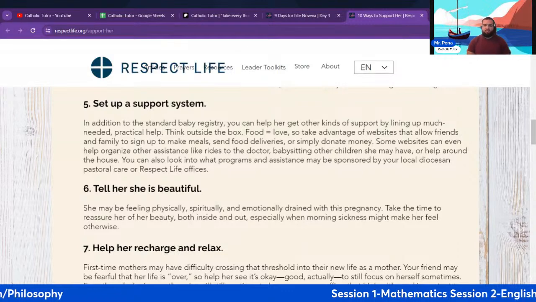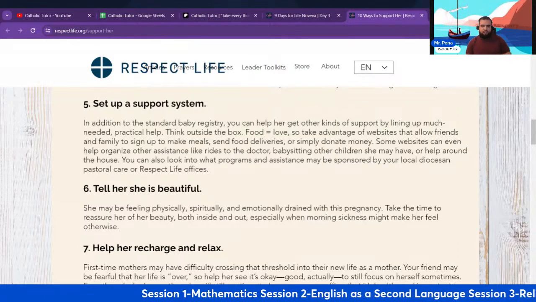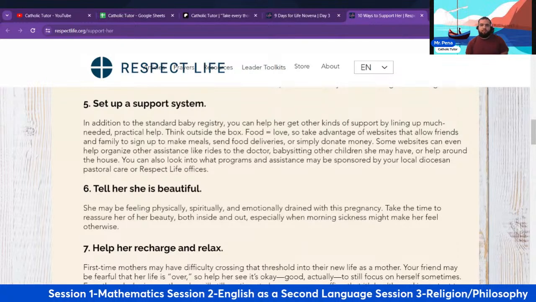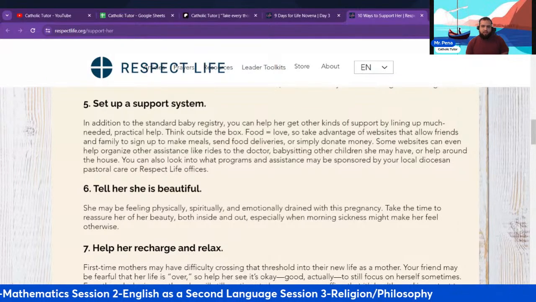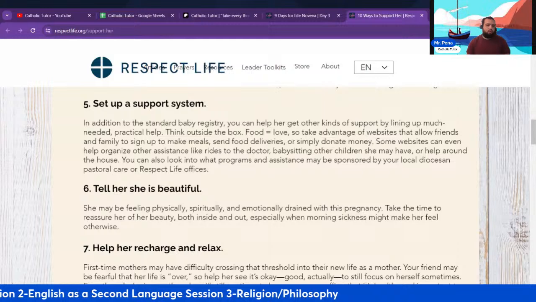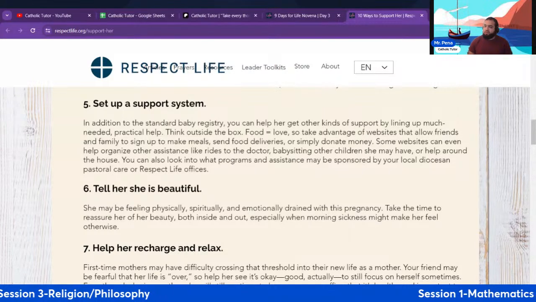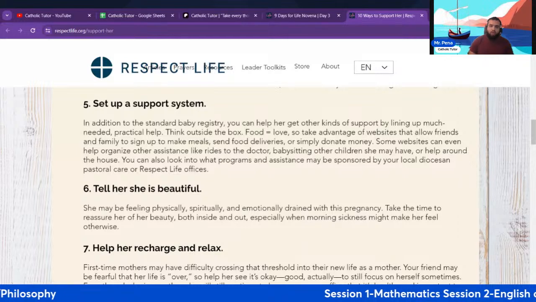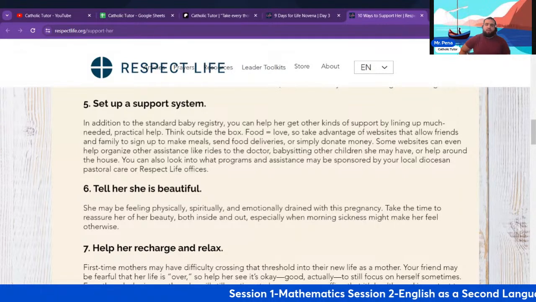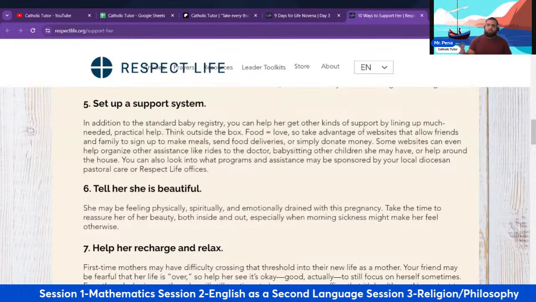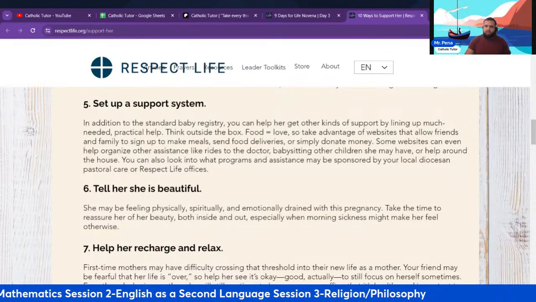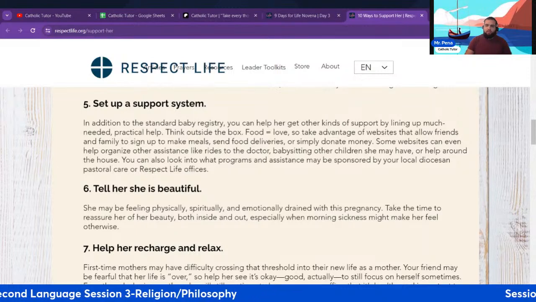So take advantage of websites that allow friends and family to sign up to make meals, send food deliveries, or simply donate money. Some websites can even help organize other assistance like rides to the doctor, babysitting other children she may have, or help around the house. You can also look into what programs and assistance may be sponsored by your local diocesan pastoral care or Respect Life offices.